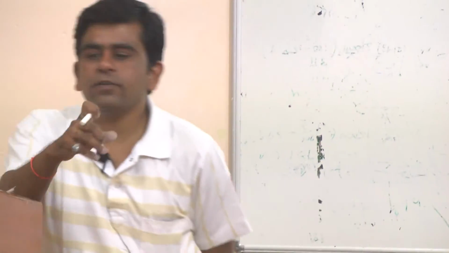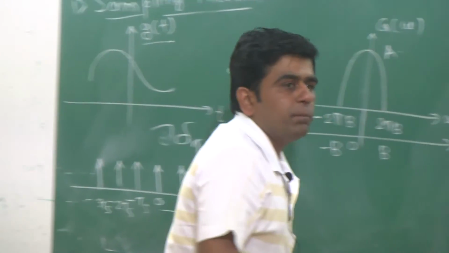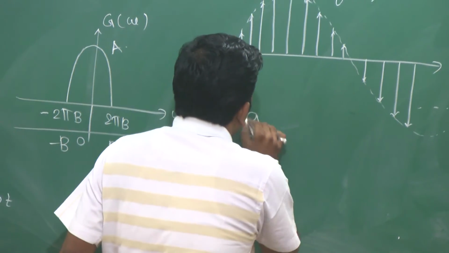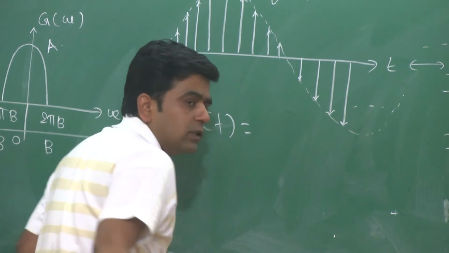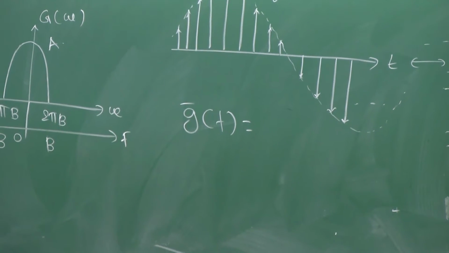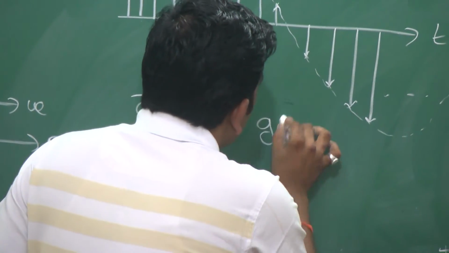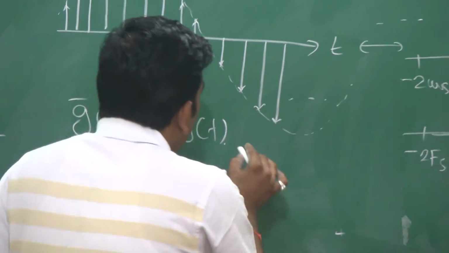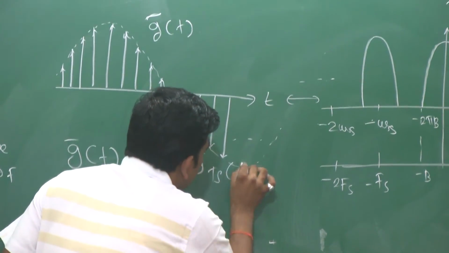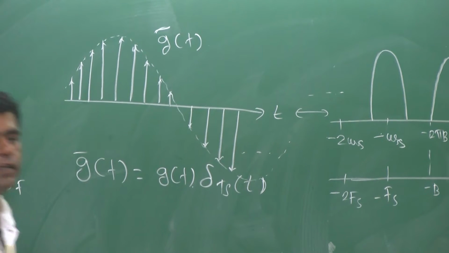So capital Ts is equal to 1 by Fs, the sampling frequency, resulting in g of t bar. This represents sample values, that is nothing but g of t, the analog signal, multiplied with an impulse signal.